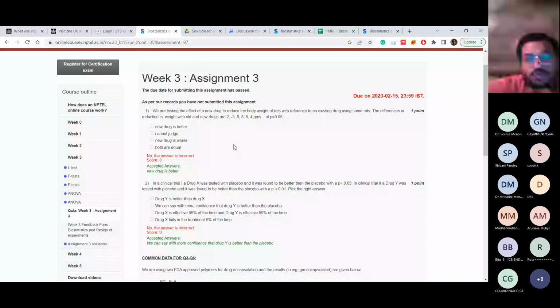No. This statement all it tells you is you have to use a paired t-test. If you would have tested both the drugs in two different populations of rats, then you would have used a 2-sample t-test. But since you are using the same rats, you have to use a paired t-test. It does not tell you if you need a 1-tail test or a 2-tail test.